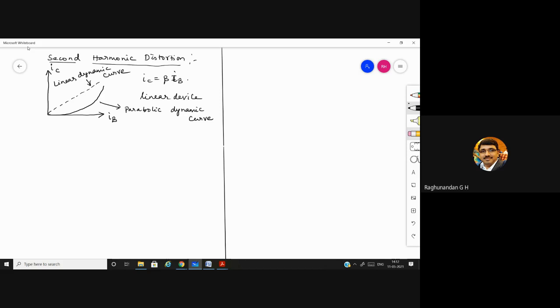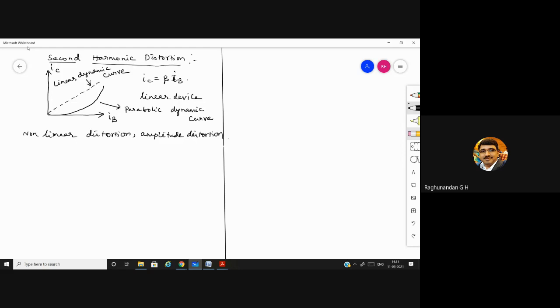So this results in the second harmonic distortion, which is also known as non-linear distortion. There are different names: non-linear distortion, and it is also called amplitude distortion.